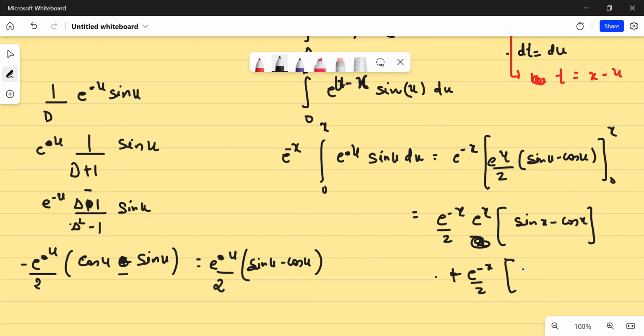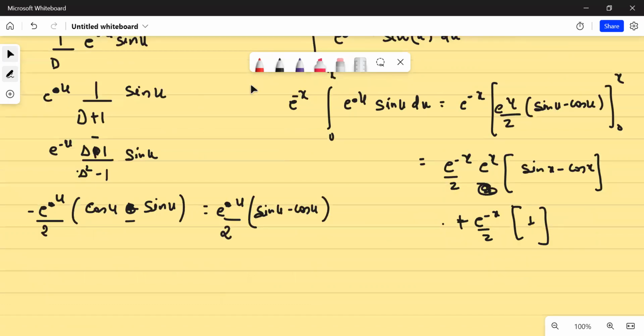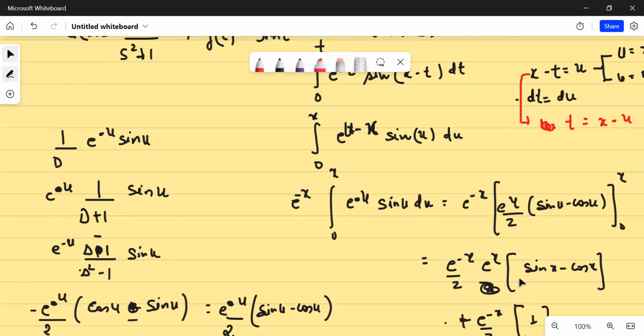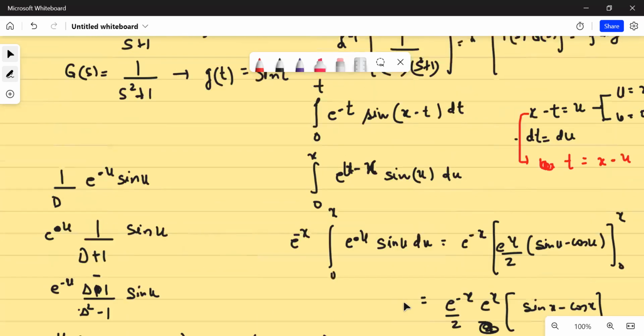Minus minus plus. So after all this, by using convolution theorem, the answer that I'm getting is simply 1 upon 2 e to power minus x plus 1 upon 2 sine x minus cosine x. Is that clear? So here also the inverse Laplace transform I'm getting in the same fashion.